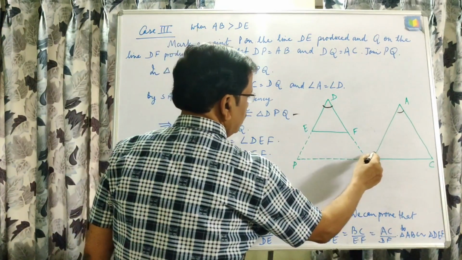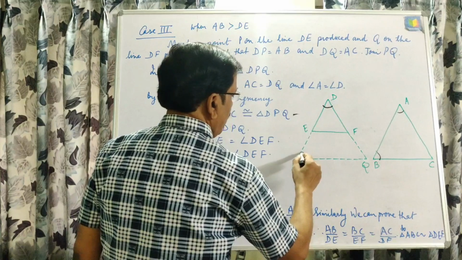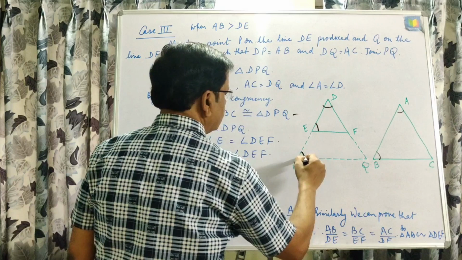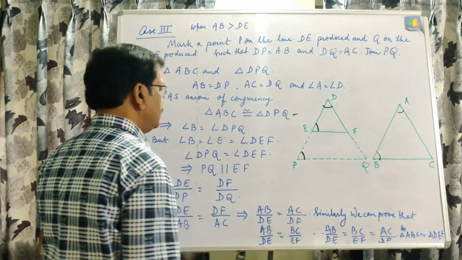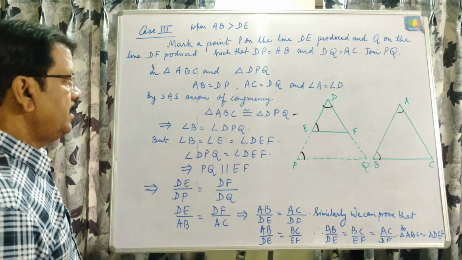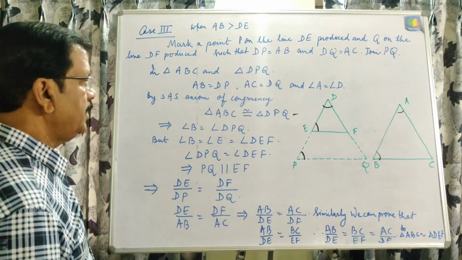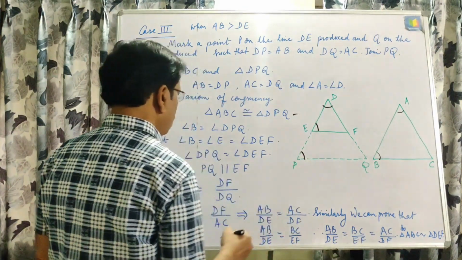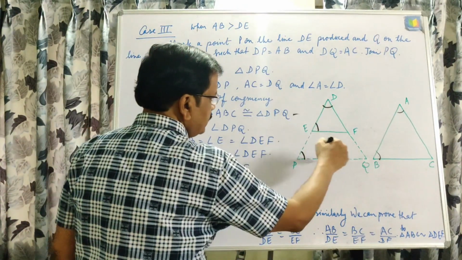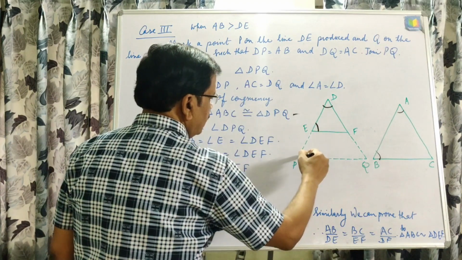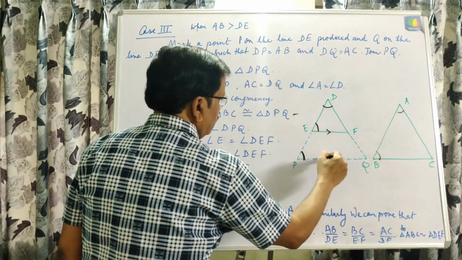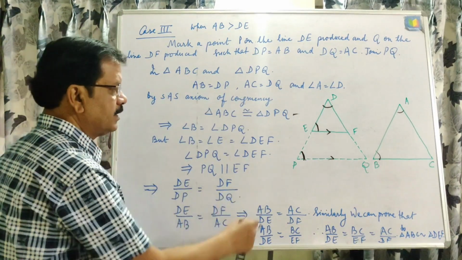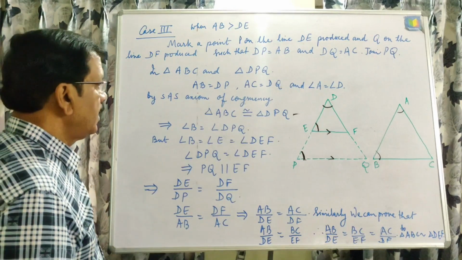That is, angle B is equal to angle E, because this angle is equal to this, which in turn is equal to this. So angle B is equal to angle E is equal to angle DEF is equal to angle DPQ. But here in this triangle, if these two angles are equal, then these two sides will be parallel, because these two angles are corresponding angles.